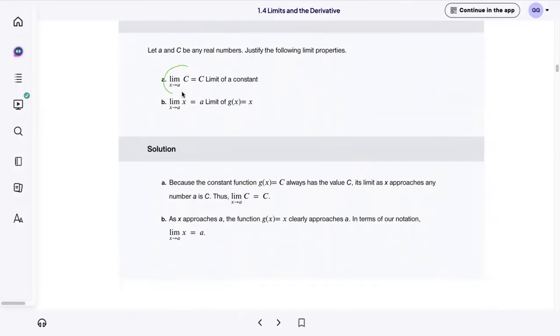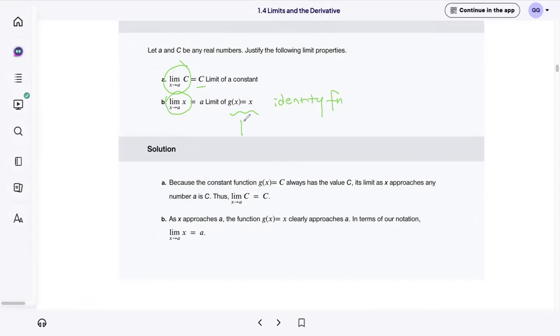So the limit of a constant is always a constant. All right. So the limit of x, we call this the identity function. Why?